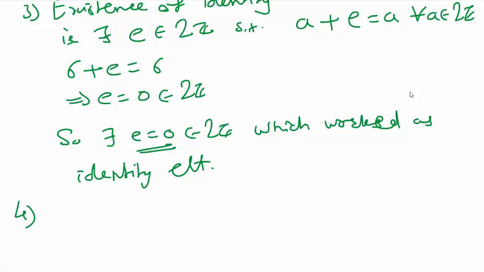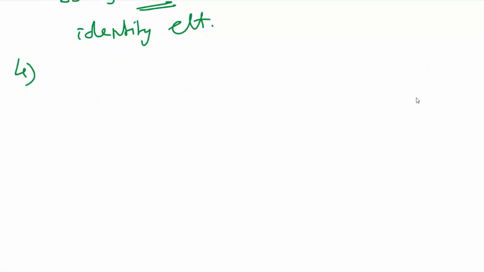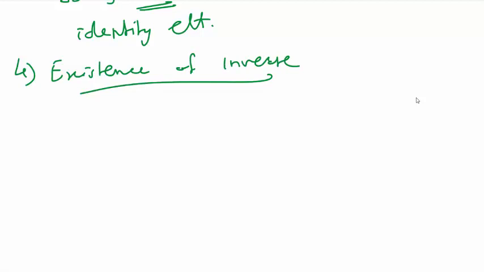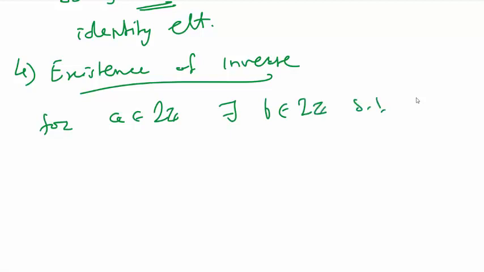Last property is existence of inverse. That means for a belongs to 2Z, there exists b belongs to 2Z such that a + b = e.